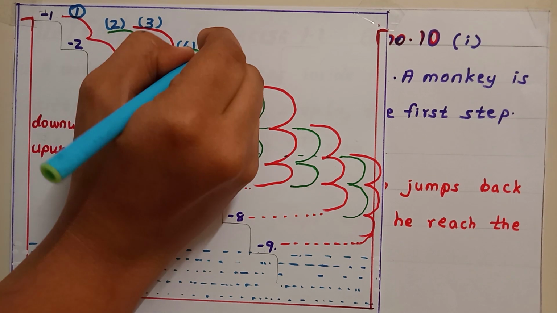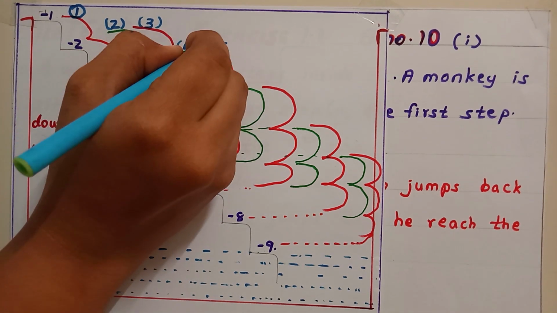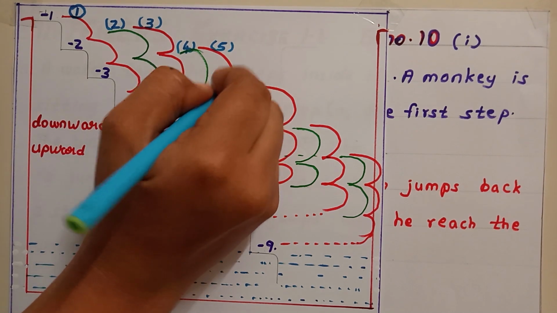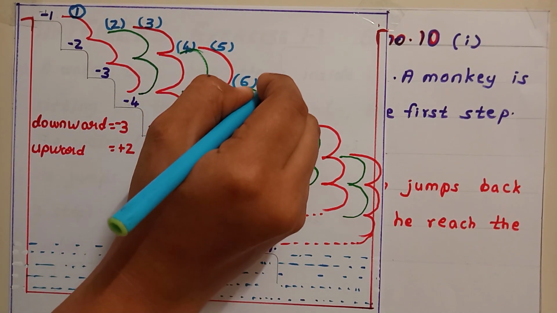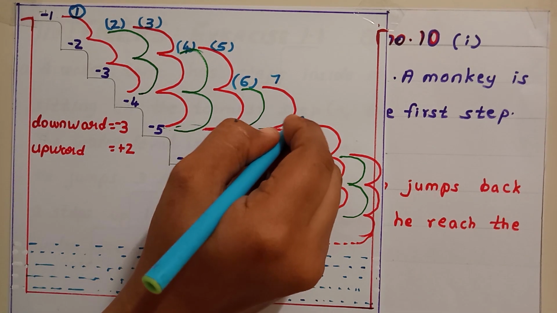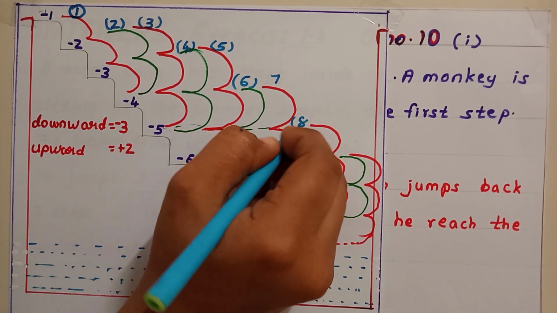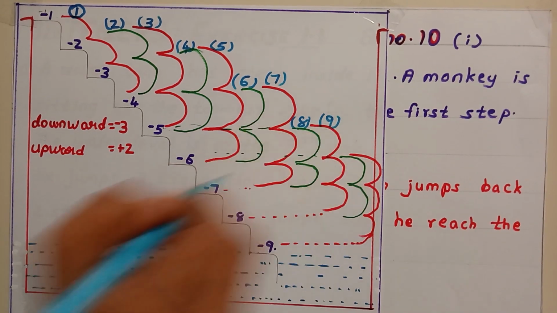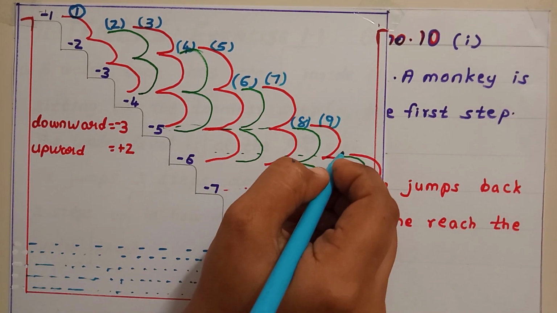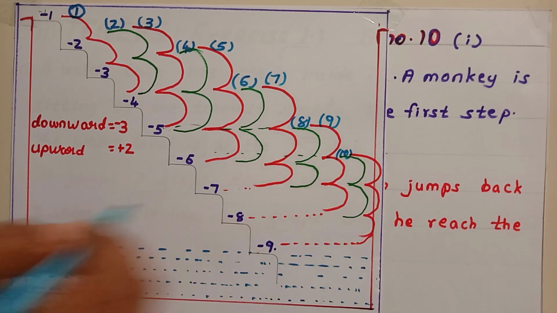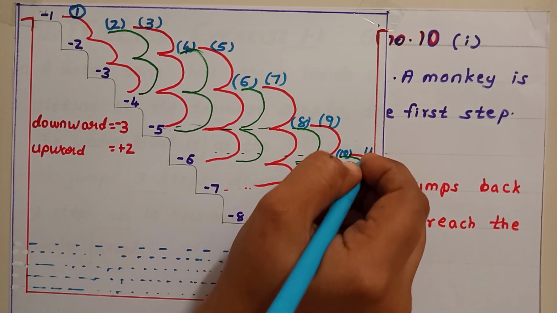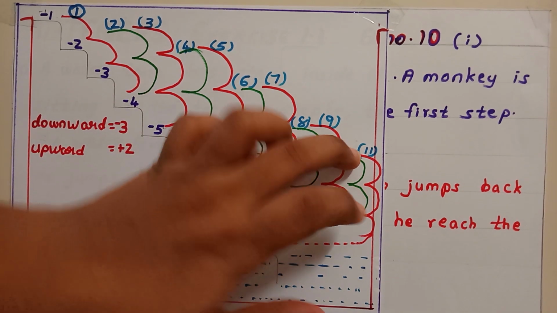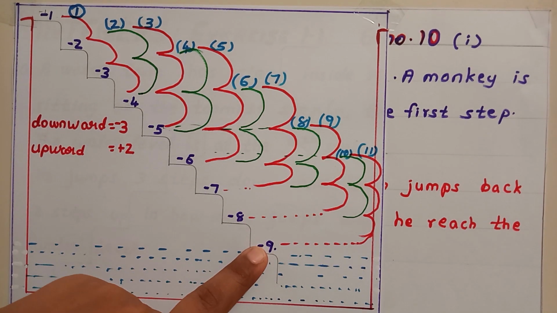This red, fifth jump. Then this one 6th jump. This red color 7th jump. This is the 8th jump, this one the 9th jump, this one the 10th jump, and this is the 11th jump. After making 11 jumps, he touched the water.